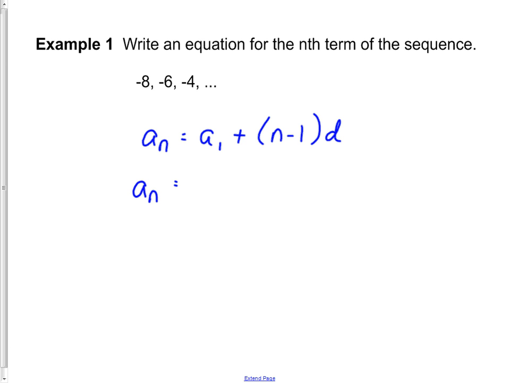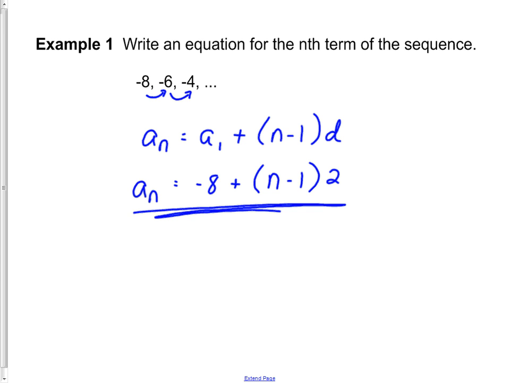The first term of the sequence is going to be negative 8. How many terms are there in the sequence? Not sure. That's what we want to find out. And d is that common difference. What's the difference between each one of those? Well, it looks like I'm adding 2 each time, so the d value would be 2. So this is the equation that we wanted to come up with for example 1.